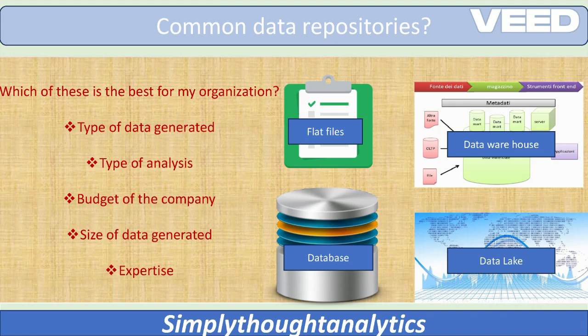And believe me, even these four categories are big because there are only few institutions that can exhaust all these categories. So the question is, as an organization, which of these data repositories should we go for?